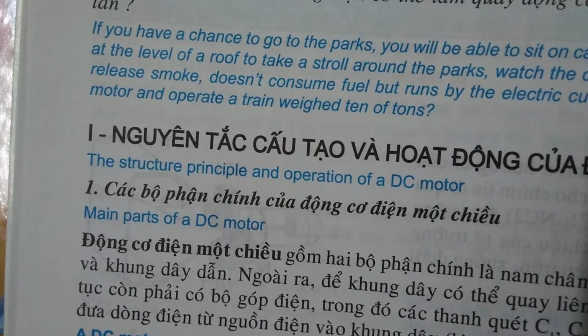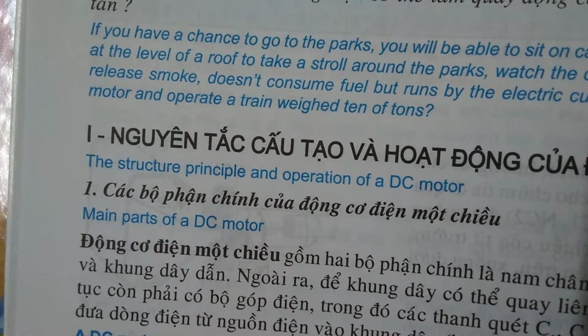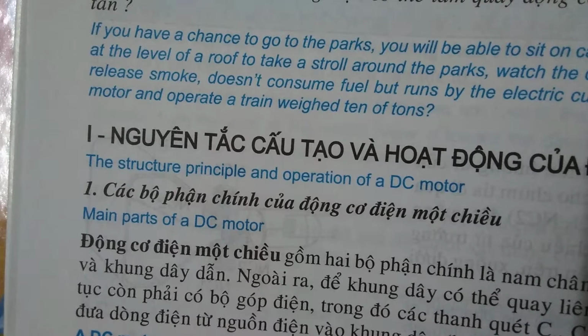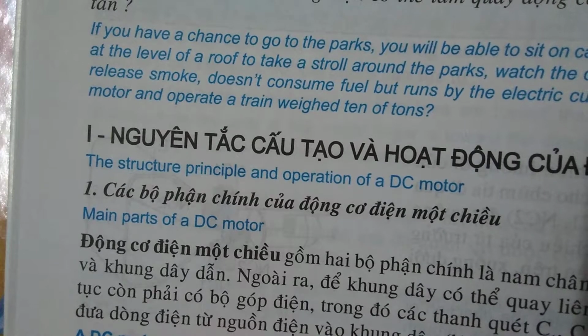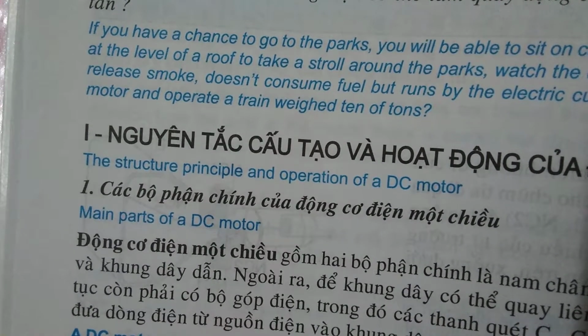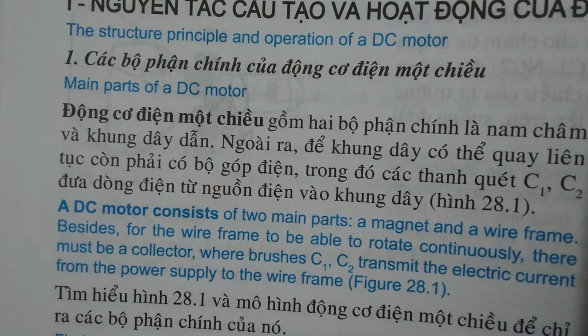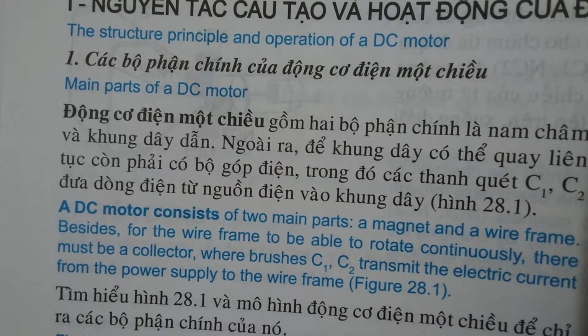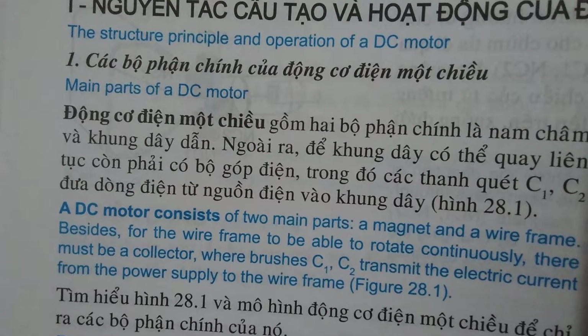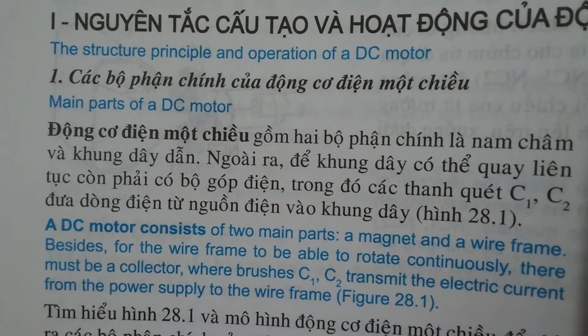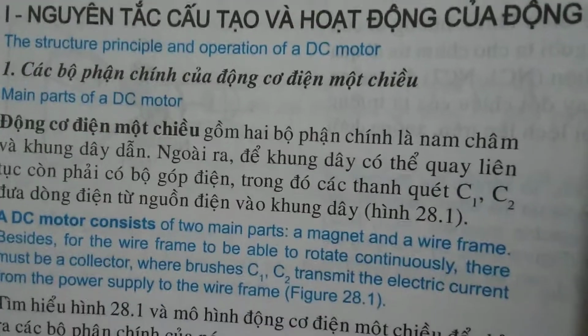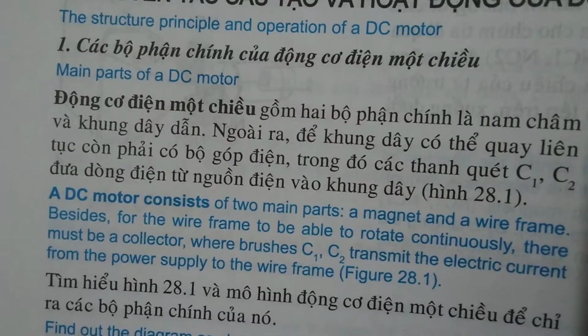The structure, principle, and operation of a DC motor. Main parts of a DC motor. A DC motor consists of two main parts, a magnet and a wire frame.